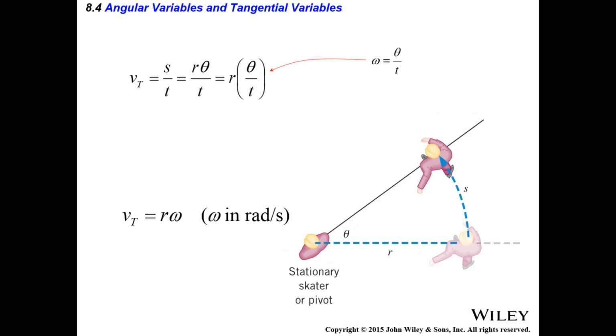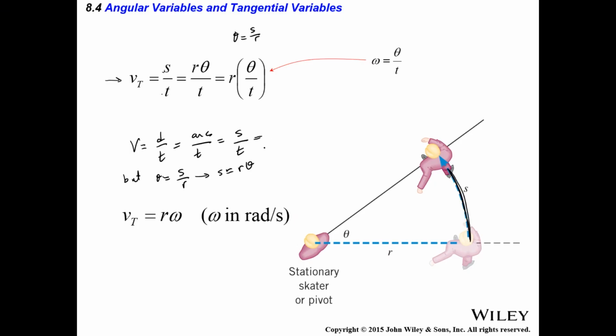Namely, I have this nice relationship here. I know that the velocity is the distance over time, and the distance here is the arc. So this is the arc over time, which is s over t. But theta is s over r, so s is r theta.